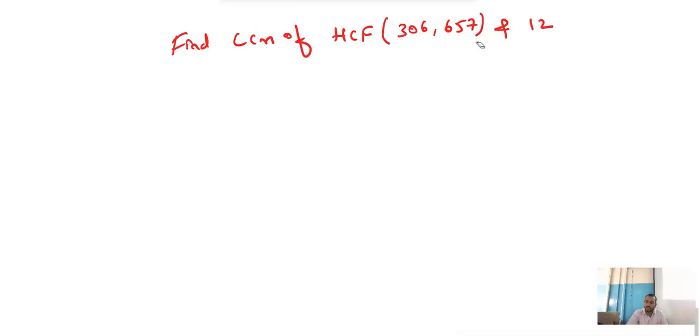Actually, I think it should be 12. Which method? Relation method. Correct?